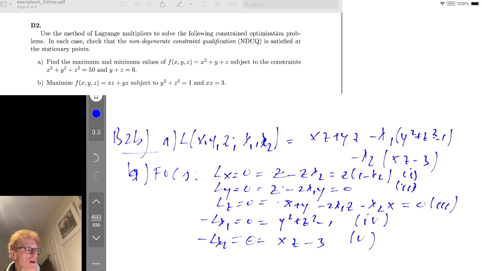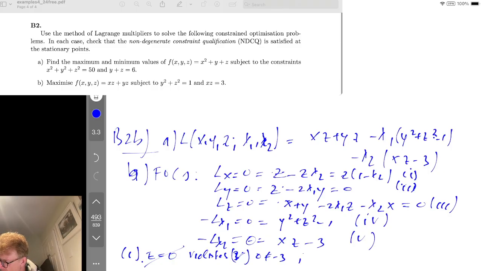So this one gives us z is 0, but that can't be. It violates 3, violates 5, because then we would get 0 and it's unequal to 3, so that can't be. So this one is eliminated.